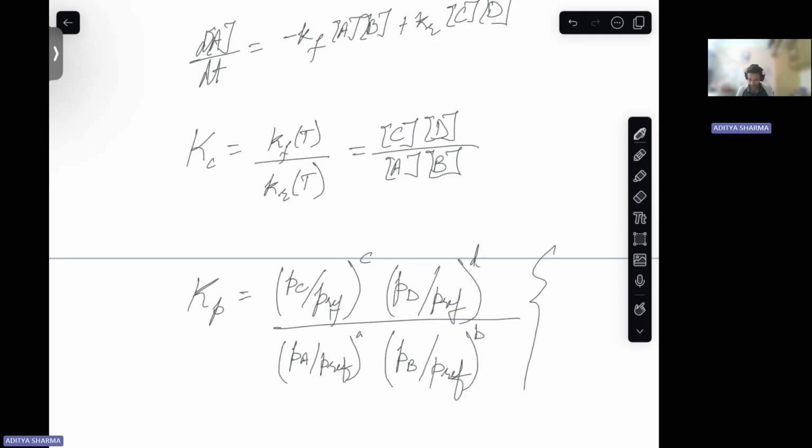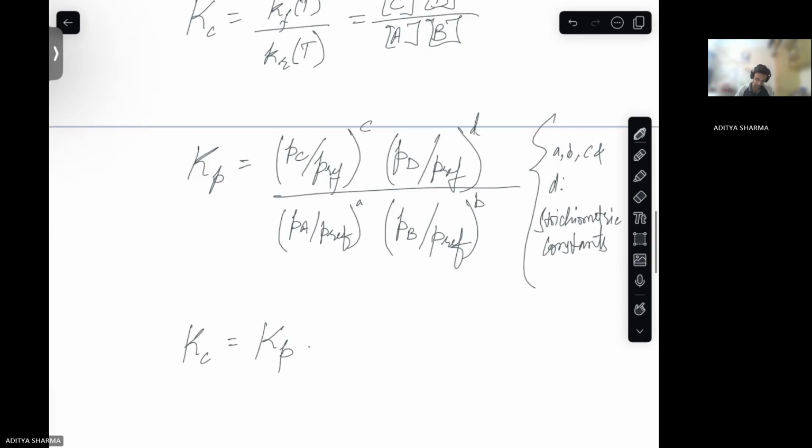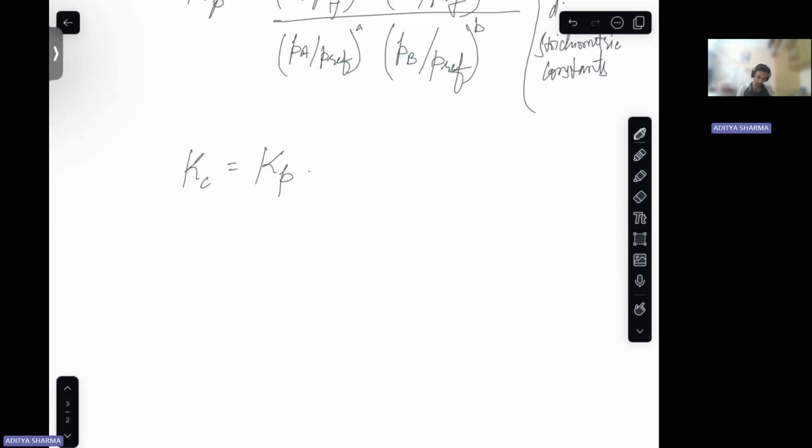Where A, B, C, D are stoichiometric constants. All right. So this is the case for bimolecular reactions.